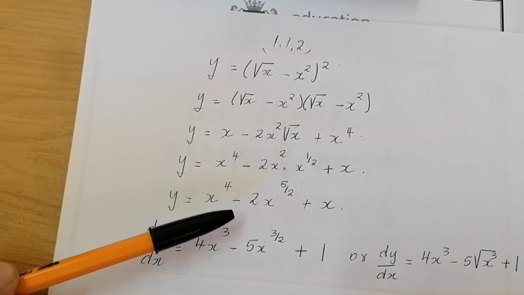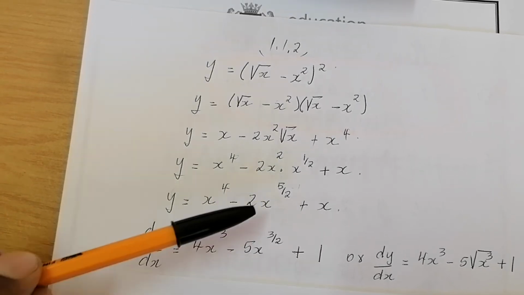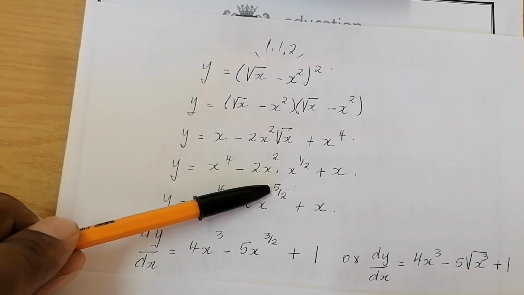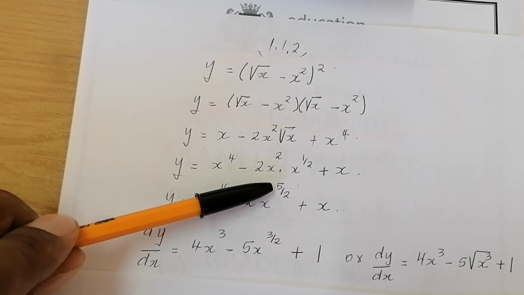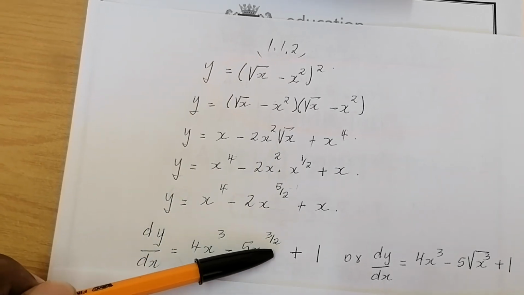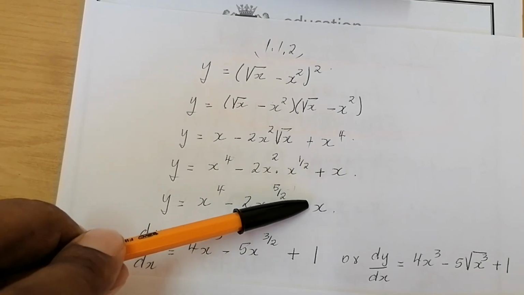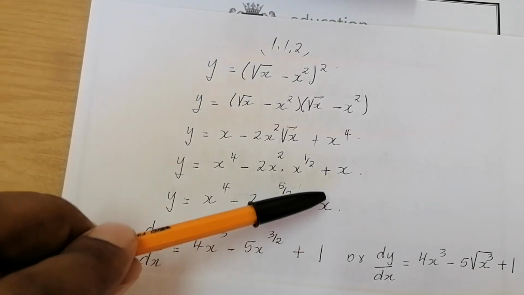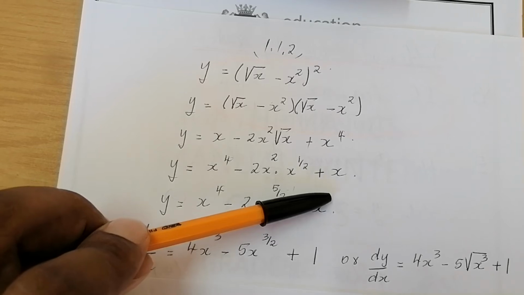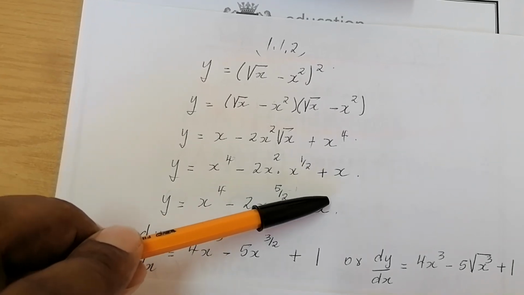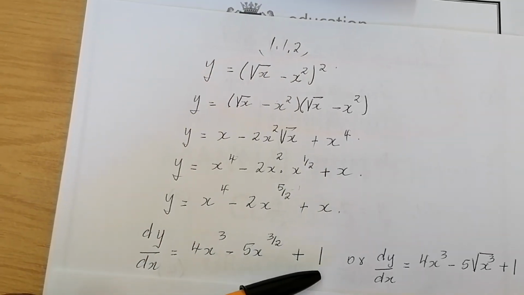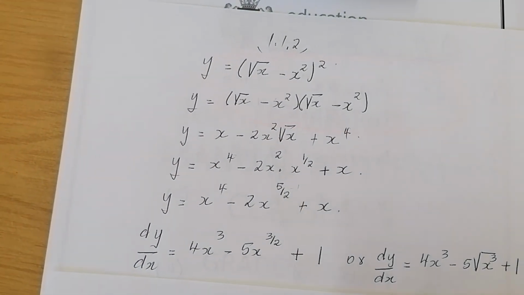Remember, if the 2 was negative, it would be minus 5. I subtract 1 from 5 halves, and I get 3 halves. I multiply 1 by 1, I get 1. I subtract 1 from 1, I get 0. X to power 0 is 1, and 1 times 1 is 1.